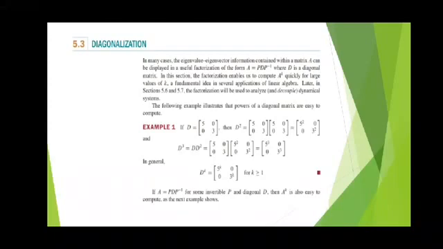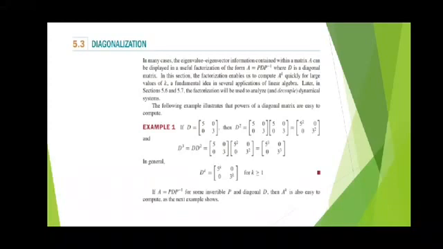Next, 5 into 0, 0, plus 0 into 3, 0, so it will be 0. Next, 0 into 5, 0, plus 3 into 0, 0, so it will be 0. Then 0 into 0, 0, plus 3 into 3, that is 3 square. So D square is equal to [5 square 0; 0 3 square].